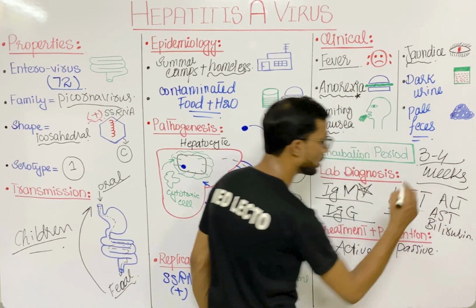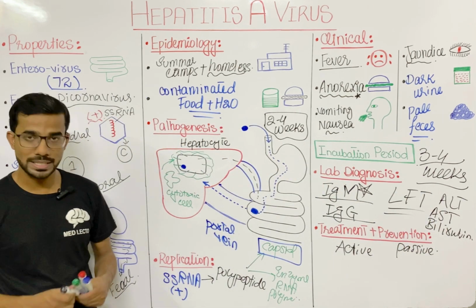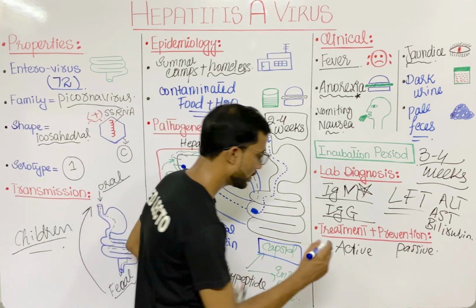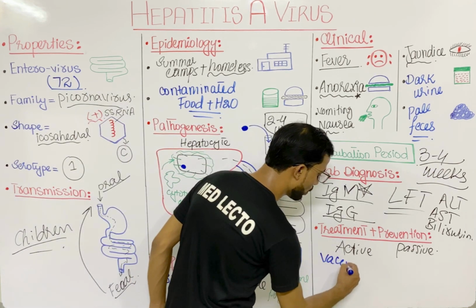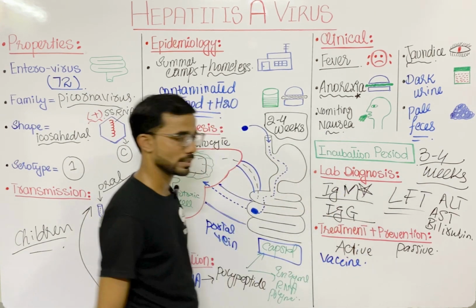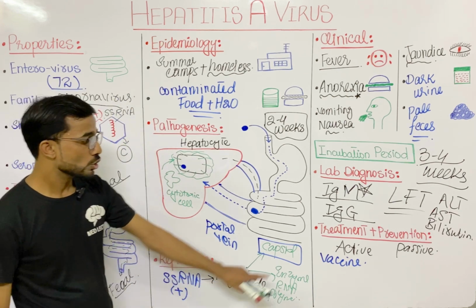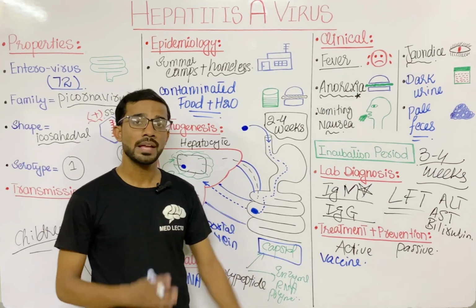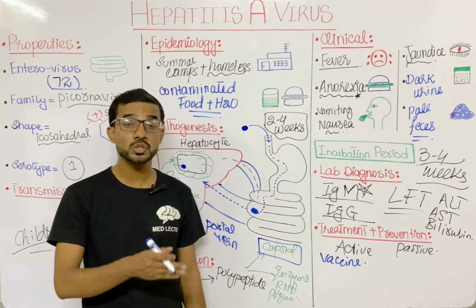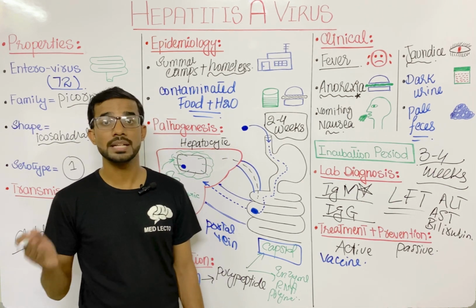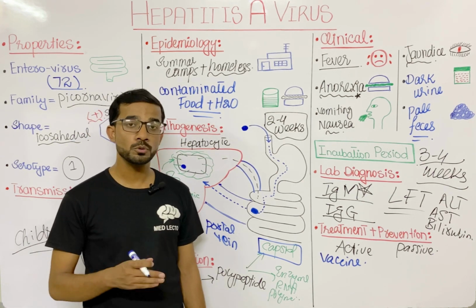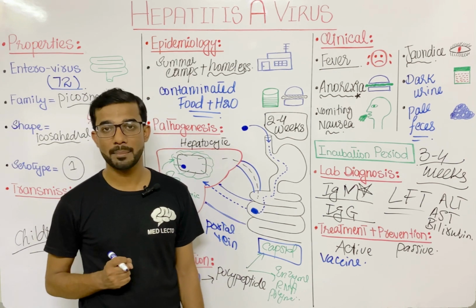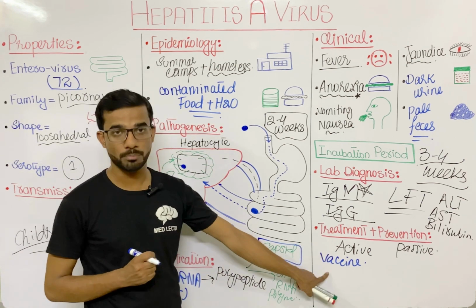In active immunization, you will see the vaccine for the hepatitis A virus. That's the most important thing. Two doses of the vaccine: an initial dose, and 6 to 12 months later, you will get the booster dose against the hepatitis A virus.